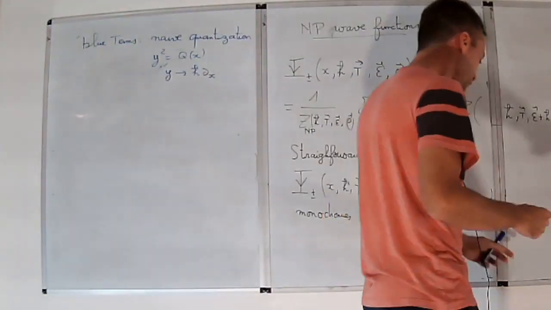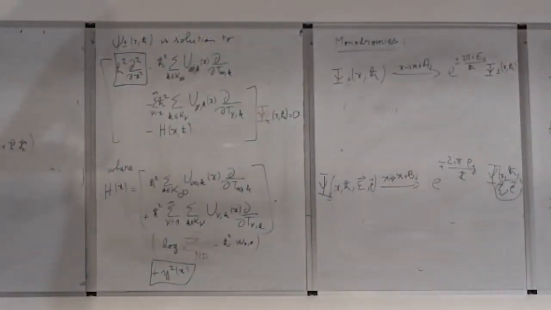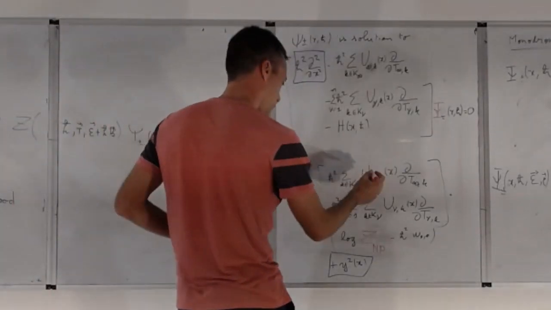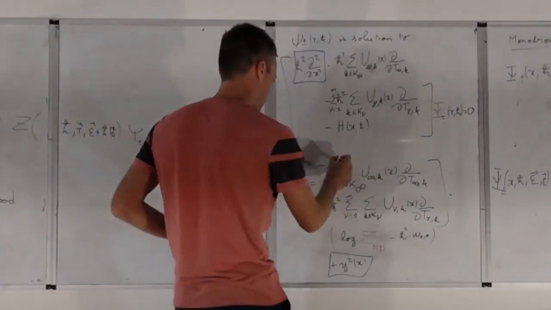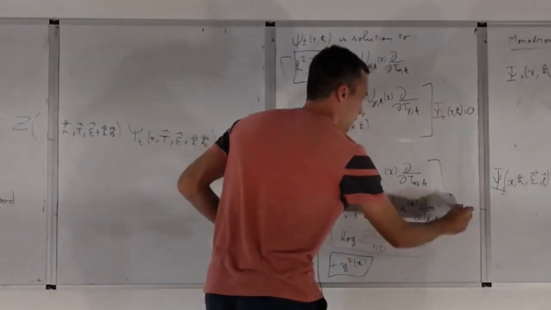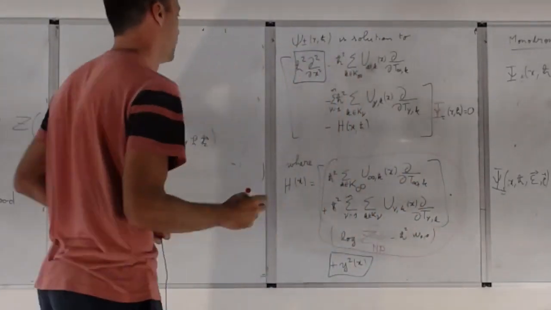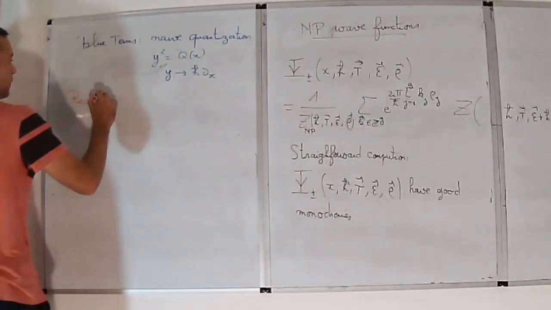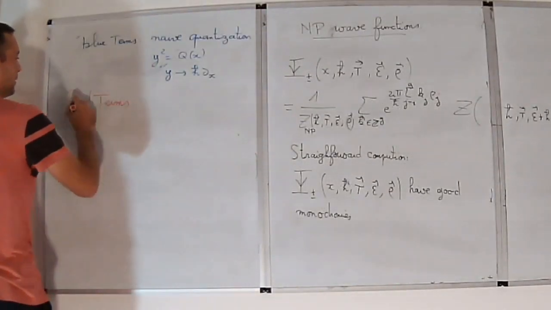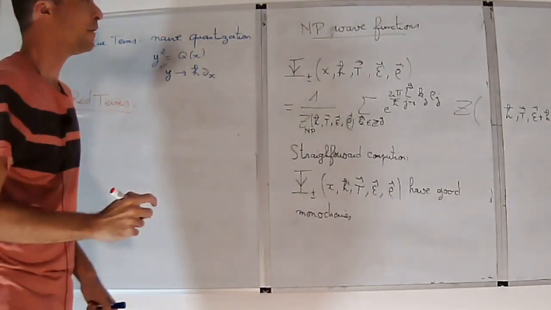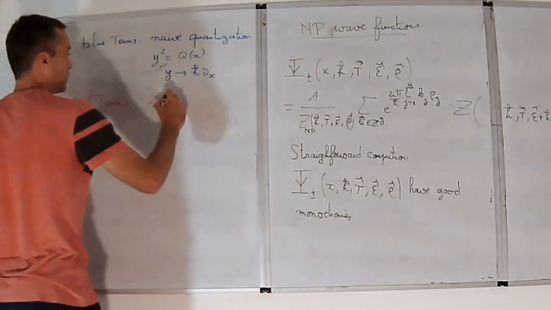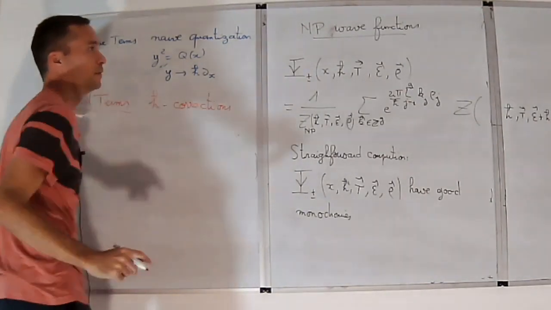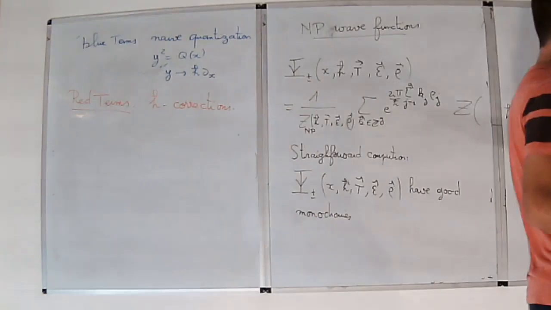More surprising, more unexpected are these terms here. So these terms, red terms. These are h bar corrections because they depend on h bar with an h squared factor here.